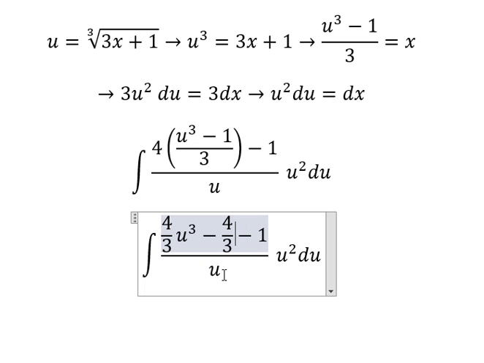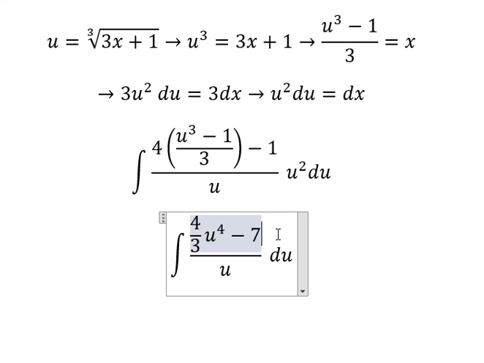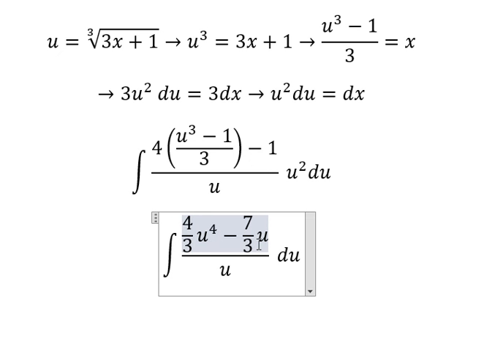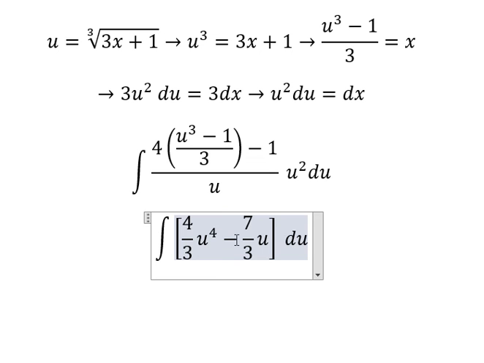So u squared divided by u, so we have u in here. And u will go in here. This one we have negative number 7/3 with u. And they will be like this.